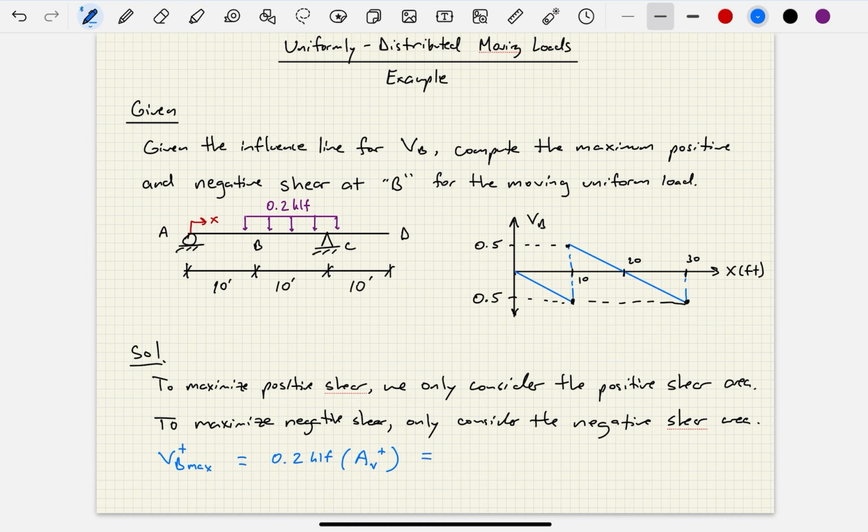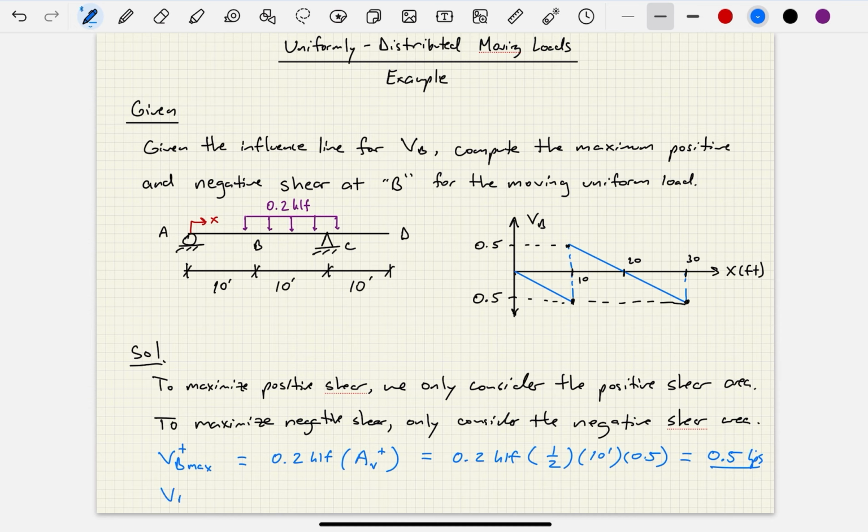And so we're going to say 0.2 KLF times 1/2 times 10 feet times 0.5, because I'm only looking at this area right here. This is 10 feet and this is 0.5. If I punch that through my calculator, 0.2 times 0.5 times 10 times another 0.5, I get 0.5 kips. And that's part of my answer.